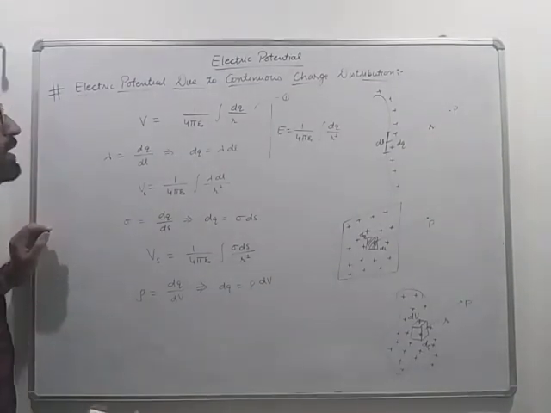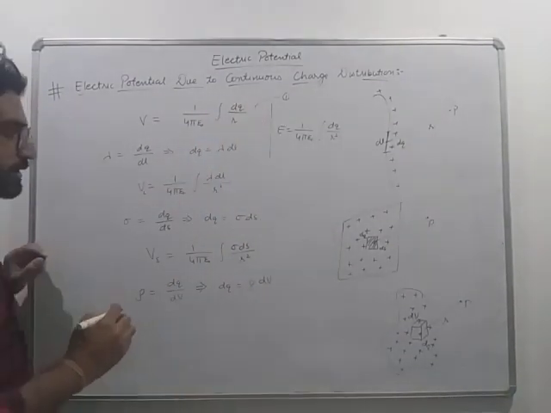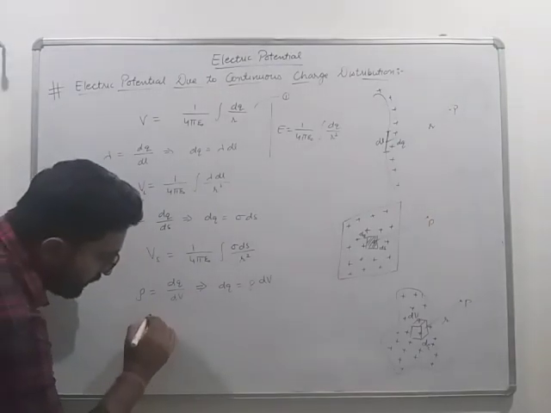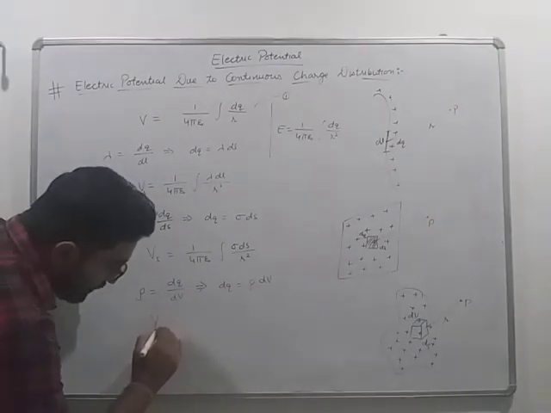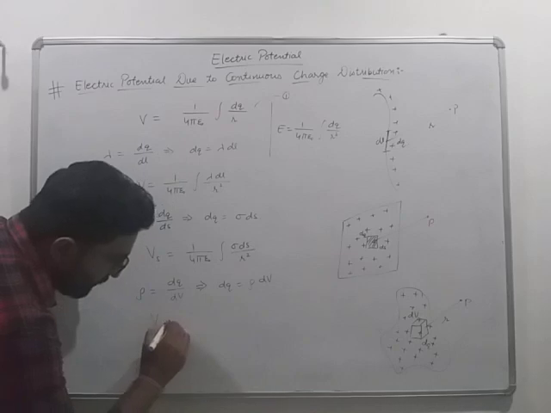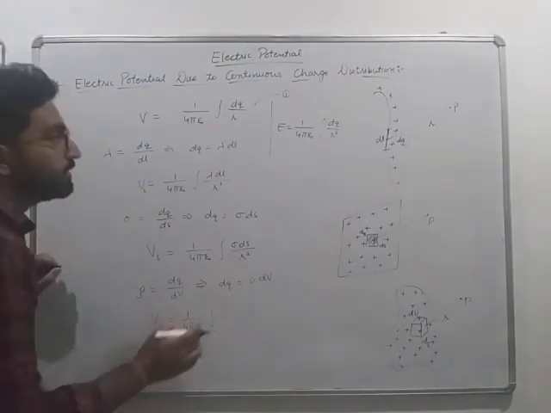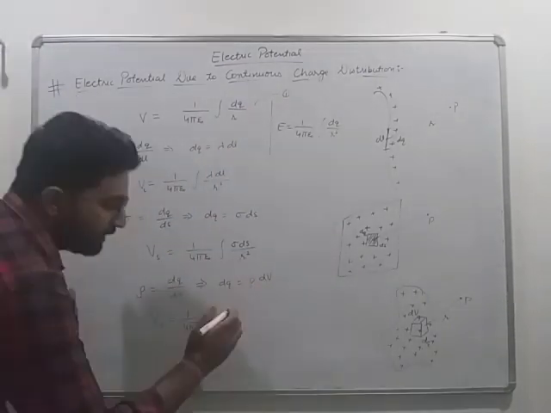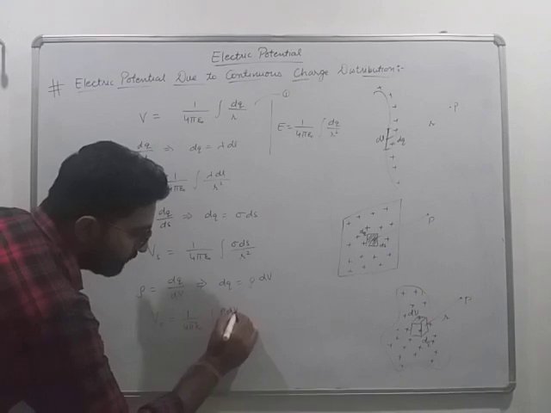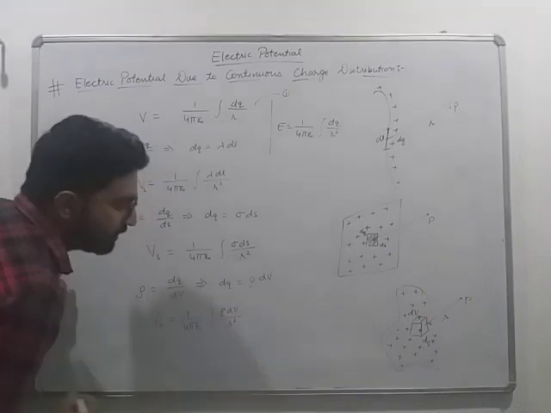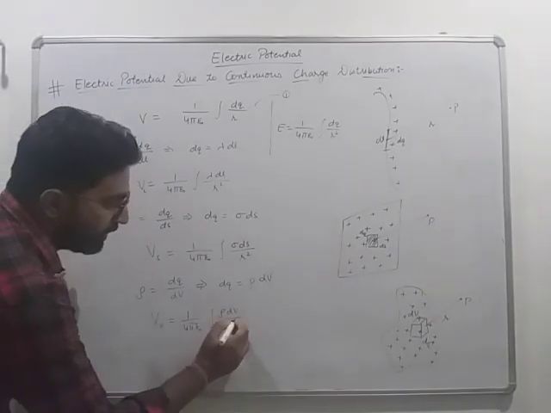We put this value again in the first equation, and we will have the potential V equal to 1 by 4 pi epsilon naught integration, in place of dq we write rho dv divided by r, only r.